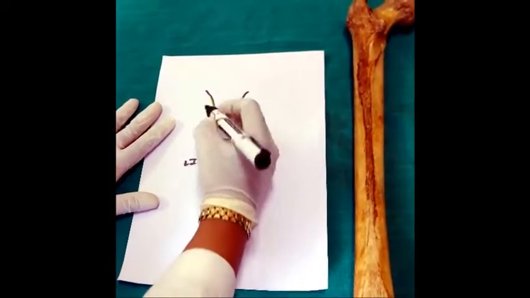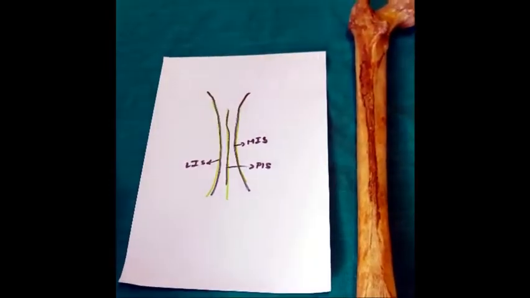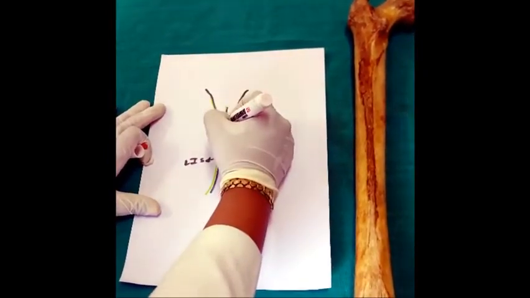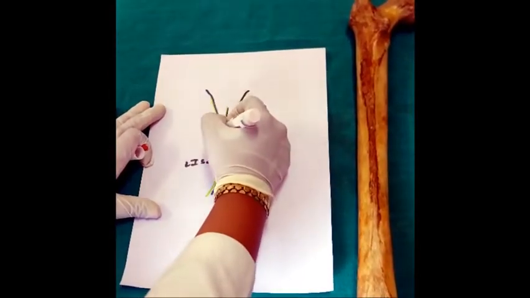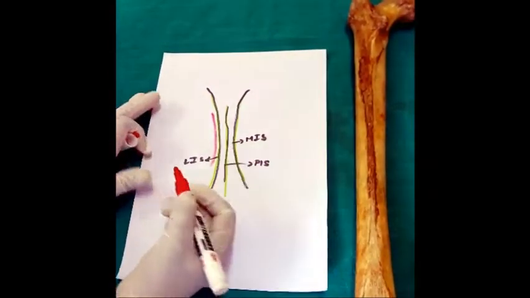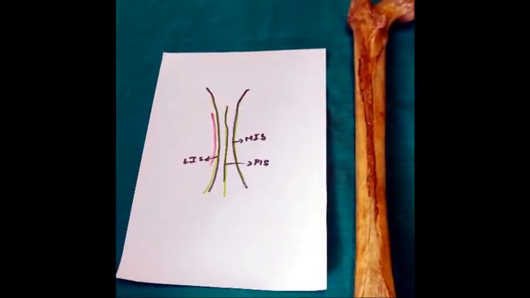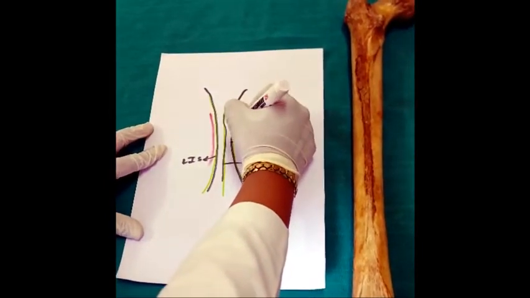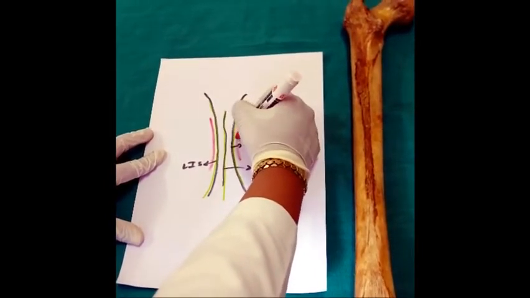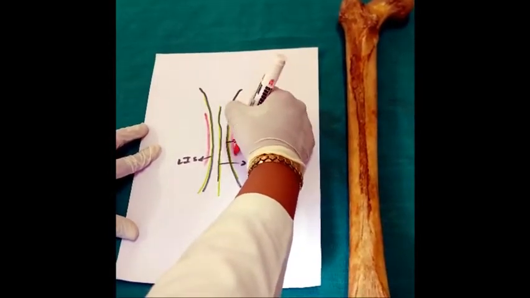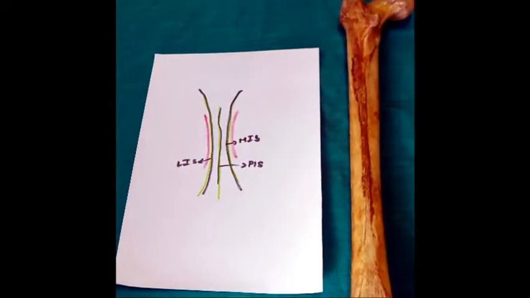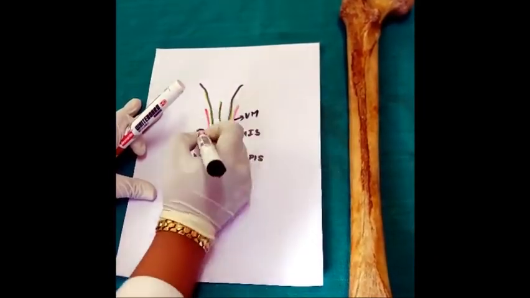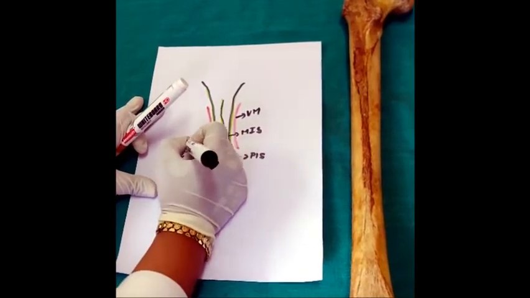Lateral to the lateral intermuscular septum, vastus lateralis muscle is attached. Medial to the medial intermuscular septum, vastus medialis muscle is attached. Both are anterior compartment muscles.